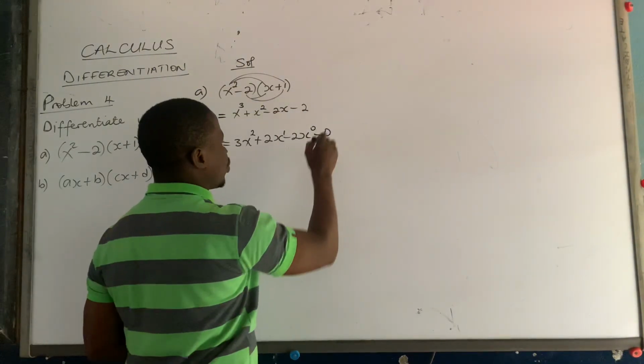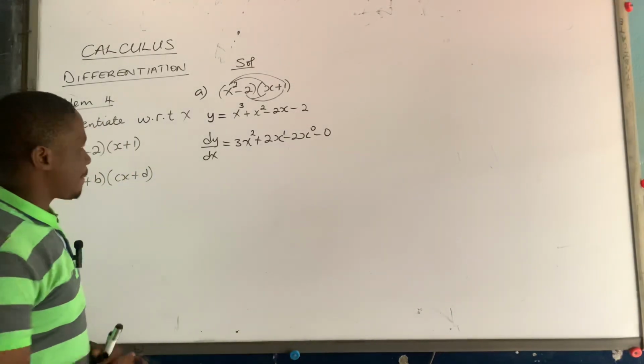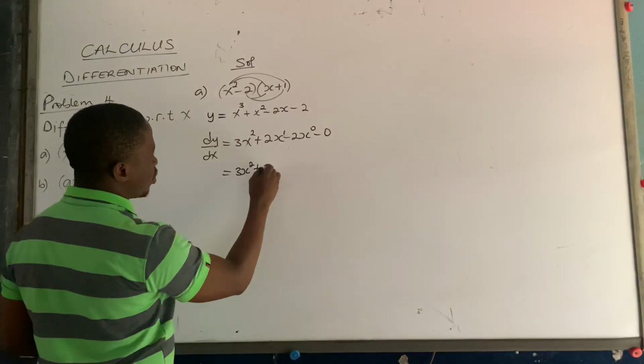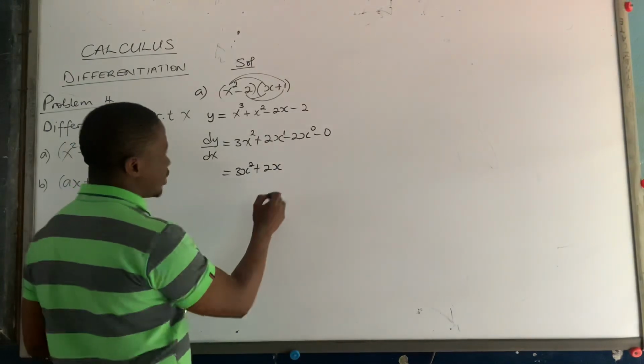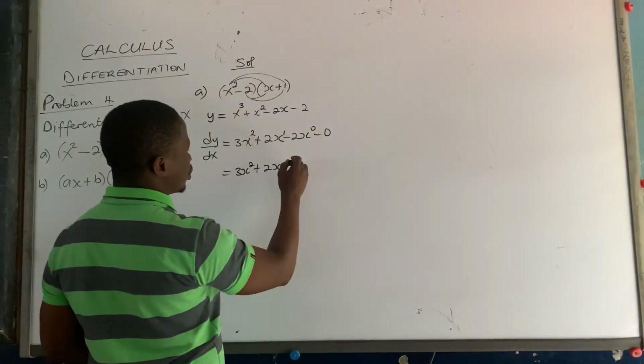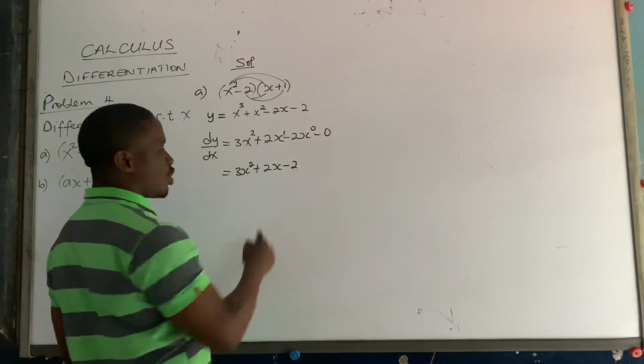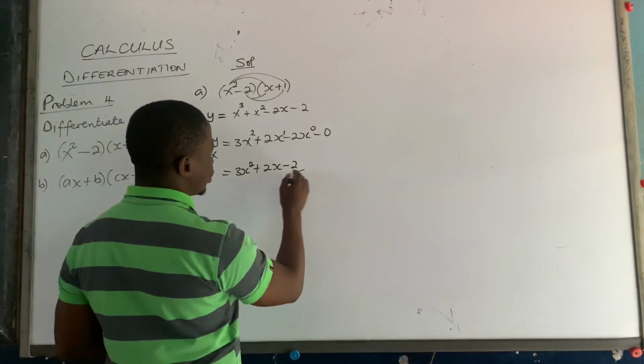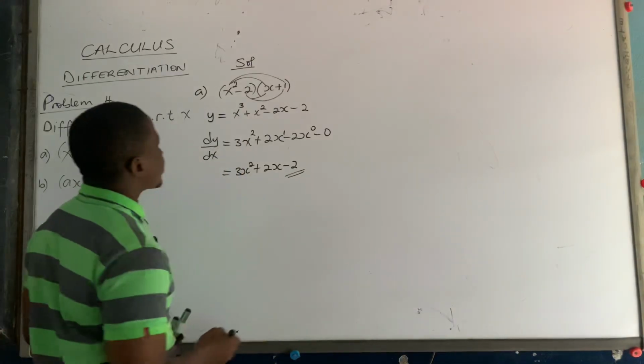Differentiating a constant will give us 0. So 3x squared plus 2x, we ignore the 1, minus 2. x to the power of 0 is 1, and 1 times minus 2 is minus 2. So we ignore this one.